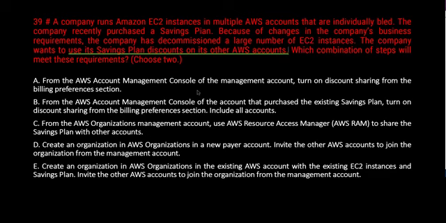Since the company already bought a savings plan and is now decommissioning so many EC2 instances, they want to use the savings plan discounts in other AWS accounts. Right now I think they were using it in only one account.